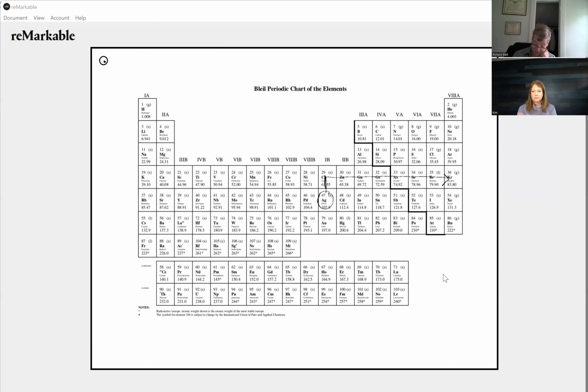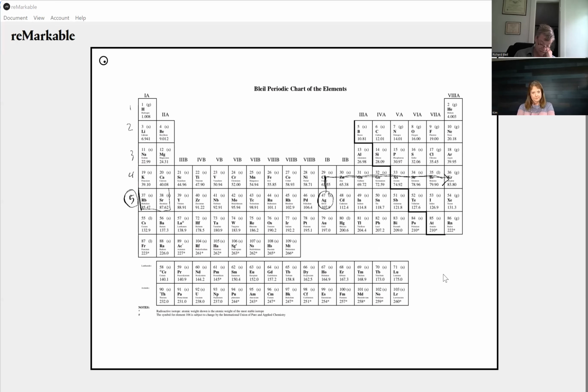That's krypton. That represents the inner shell electronic configuration for silver. So we put krypton in the square brackets. But notice that silver is in the 5th period.